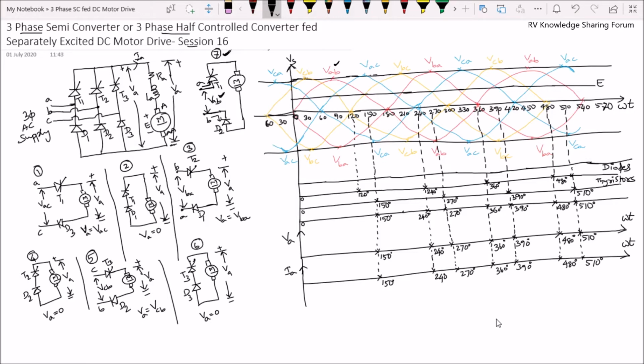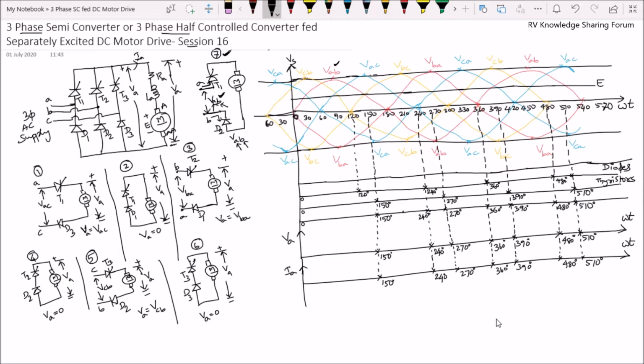That means in VAB, the first letter represents the thyristor and the second letter represents the diode. With this basic information, let us move on to the operation of this particular circuit configuration.